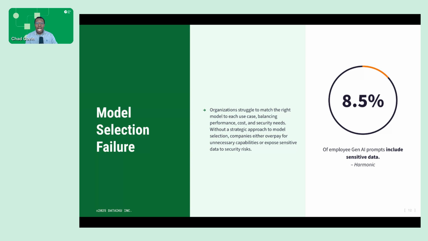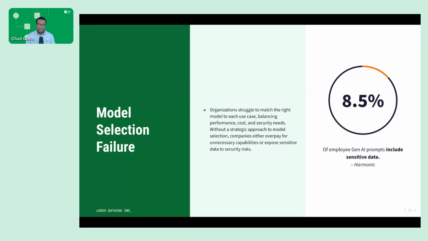So, selecting the optimal model might mean using a leading provider's API hosted solution for general tasks, but it might also mean using a locally hosted model when sensitive data requires enhanced security controls. The most successful organizations match each use case to the optimal model based on factors like data sensitivity, performance requirements, and cost. And without this strategy, we're either overpaying for capabilities that we don't need, or we're compromising on security for sensitive information.